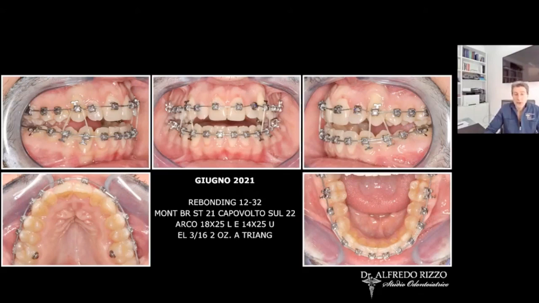Then I switched arch wire: on the upper 0.18 over 0.25 lower in the lower jaw and 14 over 25 in the upper jaw.